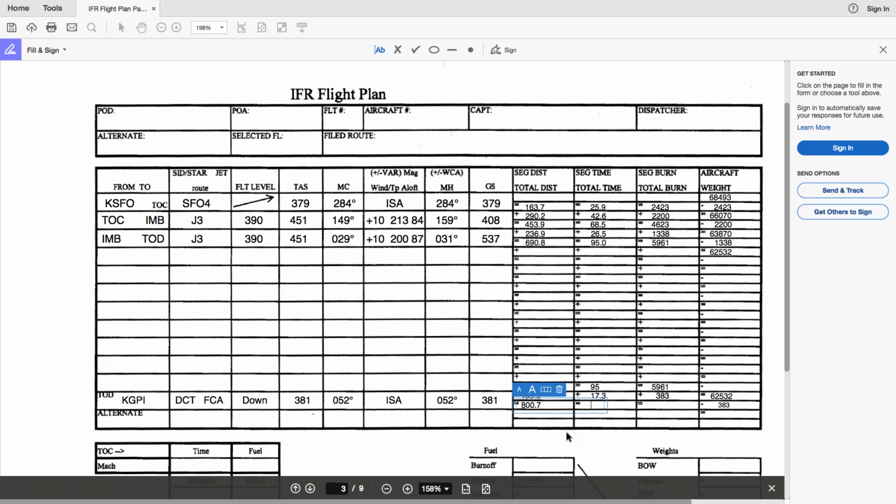95 plus 17.3 gives me 112.3. 59.61 plus 383 is 63.44.